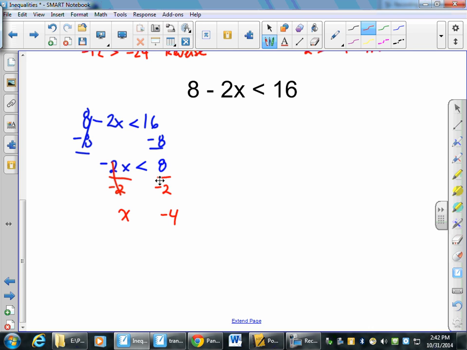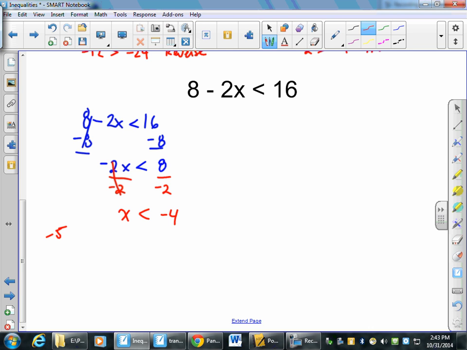But since we're dividing by a negative 2, if we keep this inequality symbol as x is less than negative 4, we'll find that those numbers actually do not make the inequality true. For instance, a number that is less than negative 4 would say be negative 5, right?